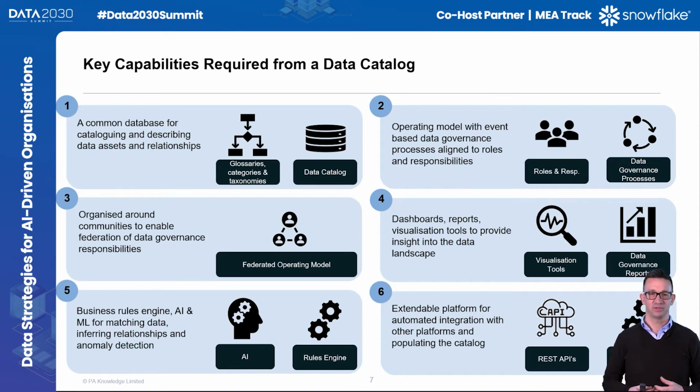This must be a federated activity where the people who are closest to the data, who are working with the data, are the ones who maintain the catalog for their content. Ideally, we need an operating model where they have the ability to update their data assets in the catalog. So the key thing is making sure it's federated and you have a process for maintaining the catalog.